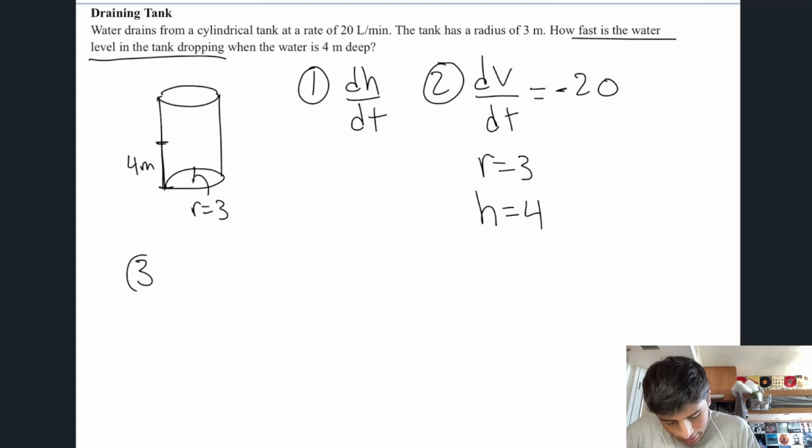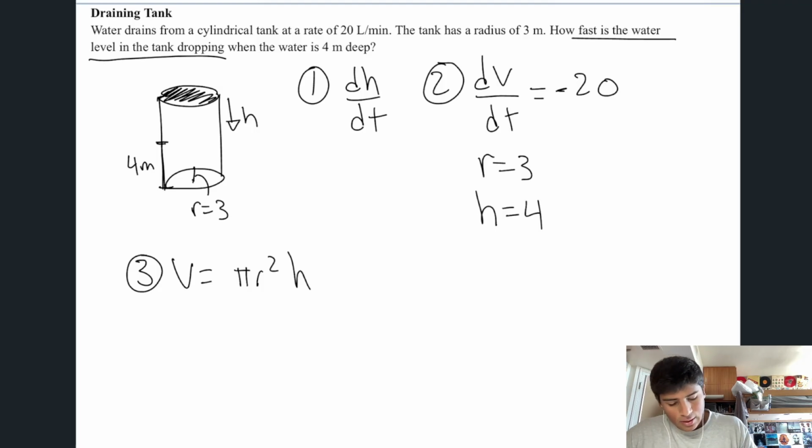What is an equation that relates height, volume, and radius in a cylinder? Well, we can do the volume of a cylinder, which is just the area of a circle multiplied by the height. So V equals pi r squared h.